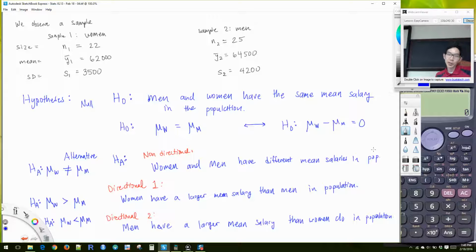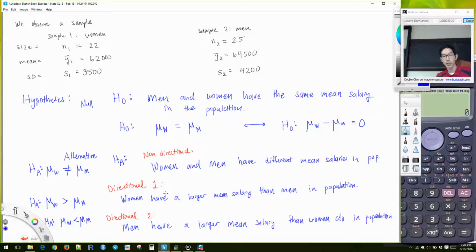So we are supposed to pick our hypotheses before we look at the data. I didn't do this quite right, but let's say we choose the alternative, and we have 3 choices here, okay? And we'll take a look. Really the only 2 that are compatible with our data are the non-directional alternative or directional 2, okay?